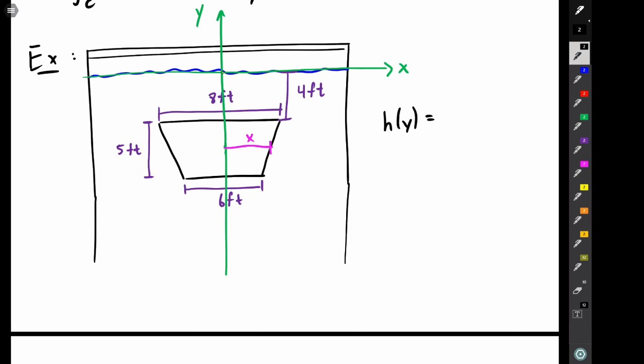Say here y would be -4, and we want h to output +4, so we just call this -y. Down at the bottom, we want h to output 9, because it's 4 plus 5 feet, so y is -9. So the interval for y is from -9 to -4, because that's 9 feet deep up to 4 feet.